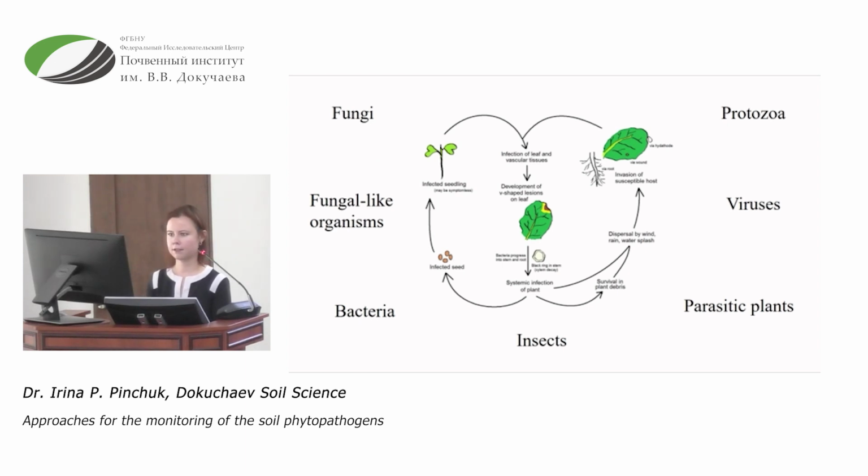The pathogens come from different parts of the microbiome, and mostly it is fungi, which can create different types of rots, like stem rots, crown rot, and also, of course, root rots.